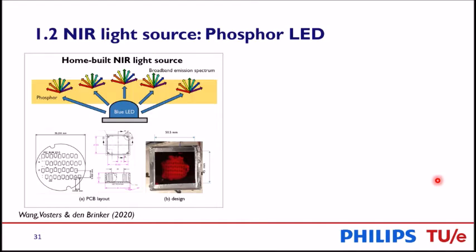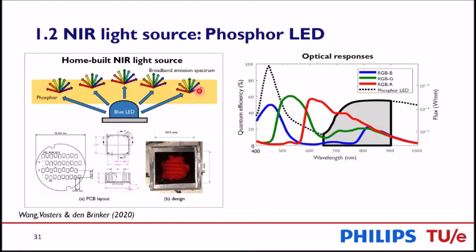To solve this issue, we propose our own light source, which is based on a phosphor LED. The idea is that we use a blue LED to emit blue light onto the phosphor material, and this phosphor material will emit broadband light. Then by adding an IR pass filter, we can remove the visible part and keep the continuous spectrum part of the near-infrared.